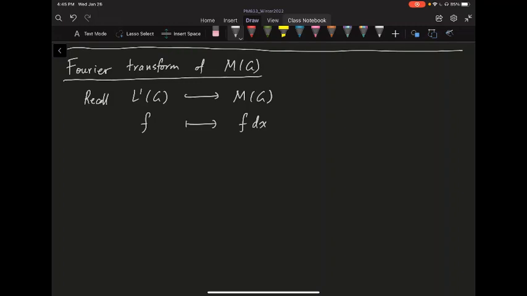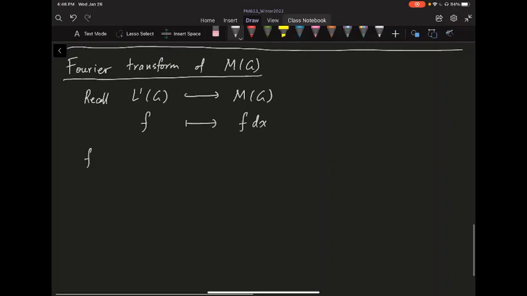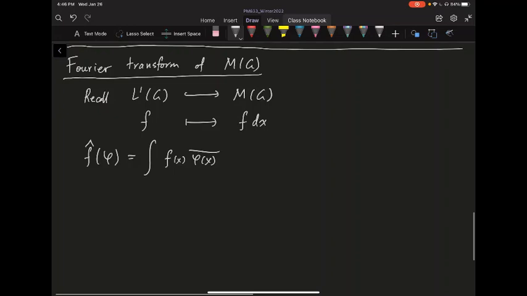All right, so we talk about the Fourier transform for the L1 functions. If you think about what the Fourier transform does, it basically gives you a function defined on the dual group. You evaluate your f(x) against the conjugate of the character.